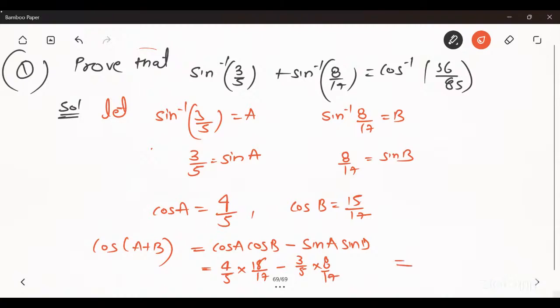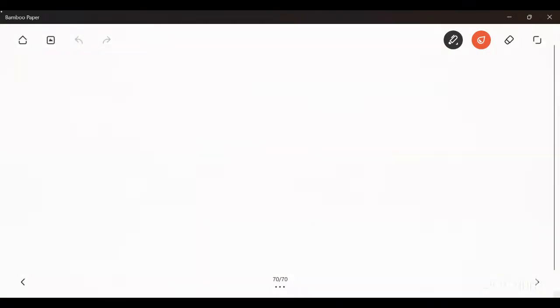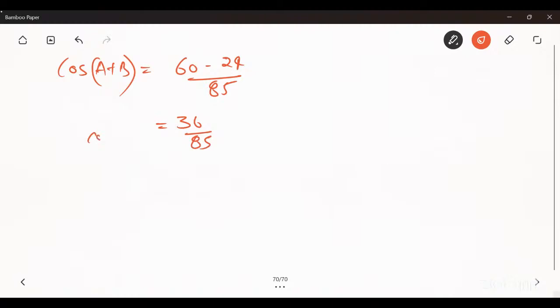So you will get 60 upon 85 minus 24 upon 85. So cos A plus B is equal to 60 minus 24 upon 85, which is equal to 36 upon 85.